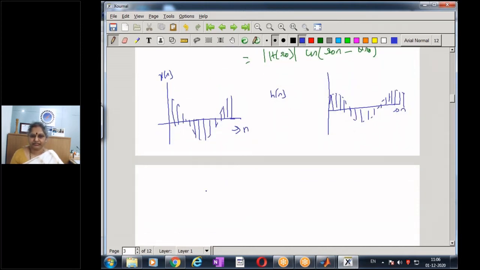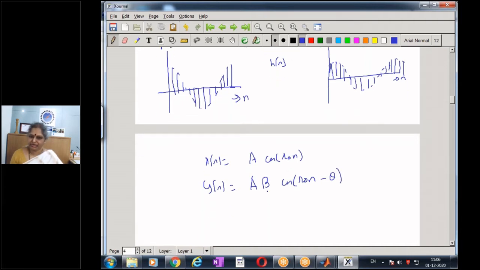So if I give an input x of n as a times cos omega naught n, my output y of n is going to be a multiplied by some other constant b, cos omega naught n minus theta. And this constant b will depend on the frequency omega naught and also on the phase.